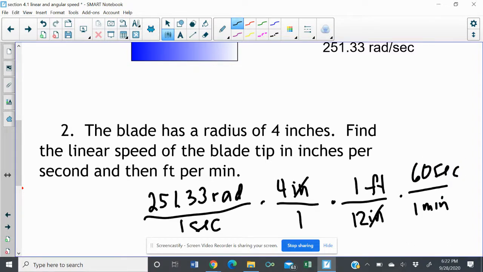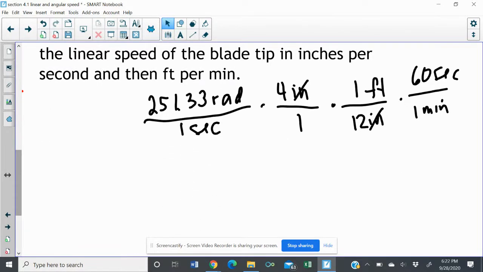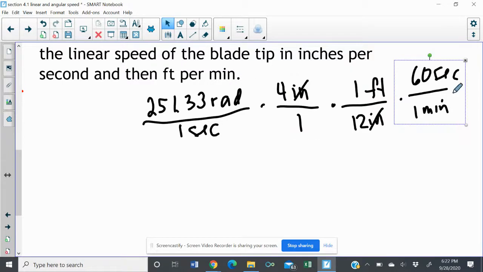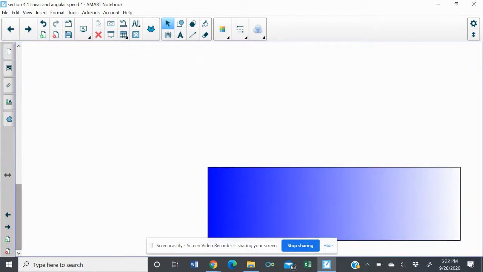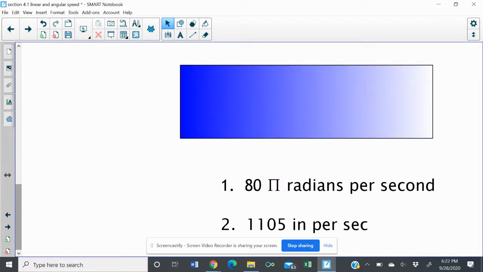All right. And like I said, that dimensional analysis is very simple. Take this, multiply it by this, multiply it by 60, divide it by 12. And you should get 1,105 inches per second.